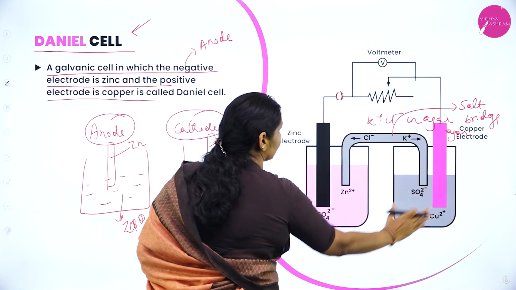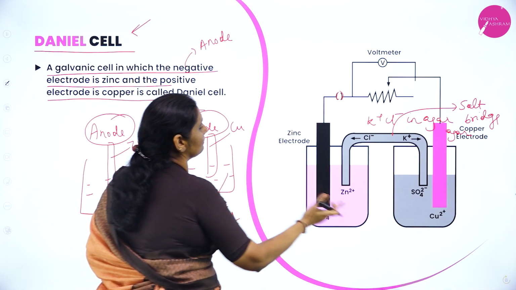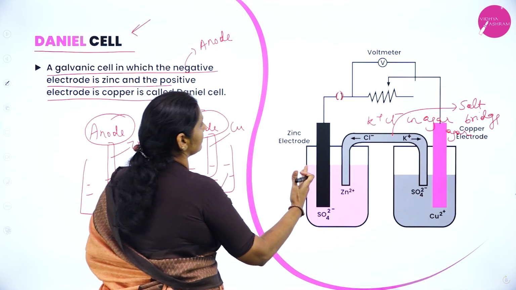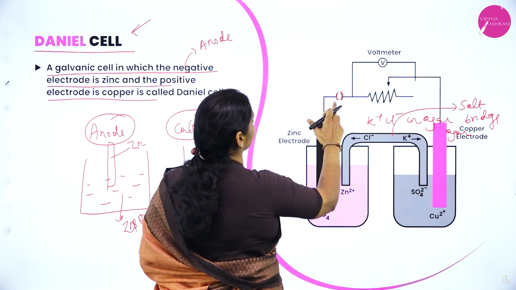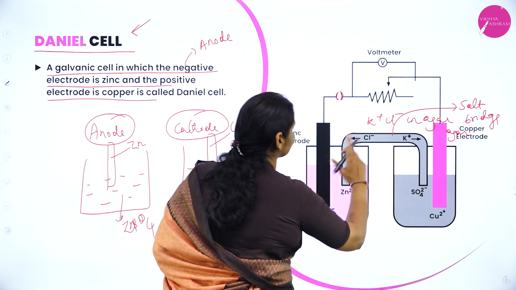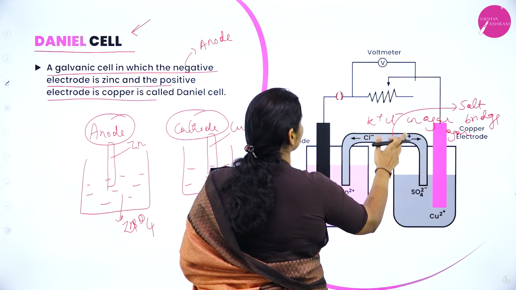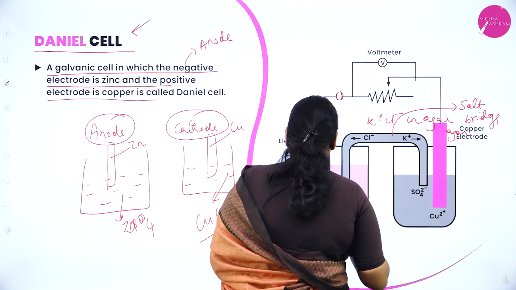So, it's a diagram of Daniell cell. Observe, my dear student, zinc rod is dipped in zinc sulfate, copper rod is dipped in copper sulfate, externally connected by copper wire through switch key and variable resistance, internally connected by inverted U-tube, the salt bridge containing K plus and Cl minus ions in agar-agar.